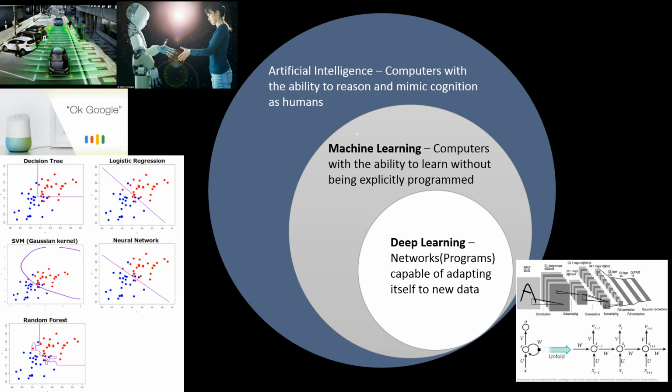Okay, so to summarize whatever we have discussed, the broader picture is artificial intelligence: computers having the ability to mimic and reason as humans, like self-driving cars, robots interacting with humans, Google Home, etc. Machine learning are techniques giving computers the ability to learn without being explicitly programmed, like decision tree, logistic regression, SVM, etc. And then deep learning, a subset of ML comprising neural networks learning features in hierarchy and learning from big data, capable of adapting to new data.